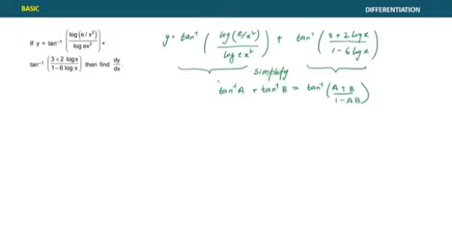If you start simplifying by this formula, this is not the way it should be. So let me take the first function, which is tan inverse of log e by x square divided by log e x square. In this particular chapter, wherever log is given, we will take log with base e from now onwards.